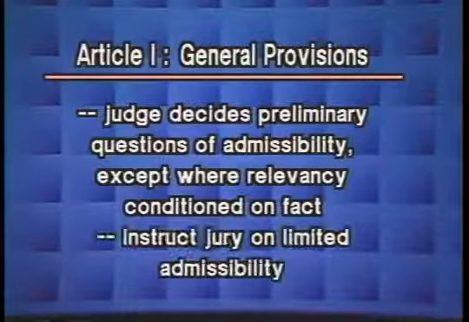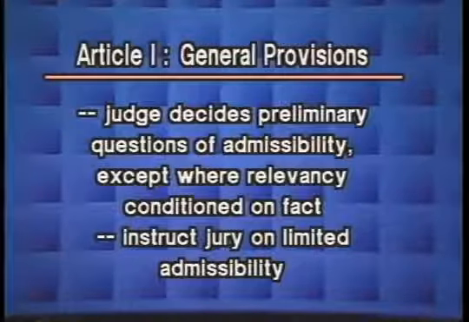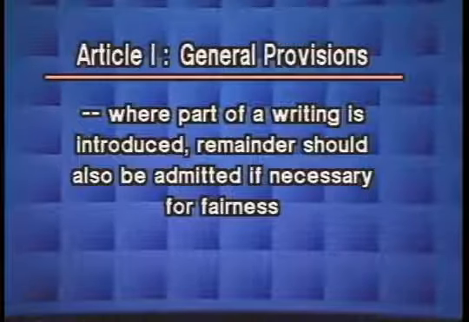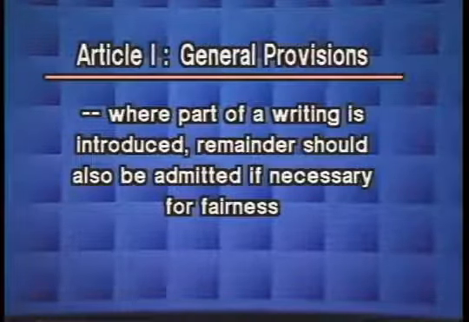You have learned that in limited admissibility situations, you ought to limit the admissibility. And you have learned that when part of a writing is introduced, the rest can come in if it ought to be received at that time for the sake of fairness. In substance, you have really learned nothing. You have just seen that Article 1, almost in its entirety, is common sense. So much for those first 6 rules.